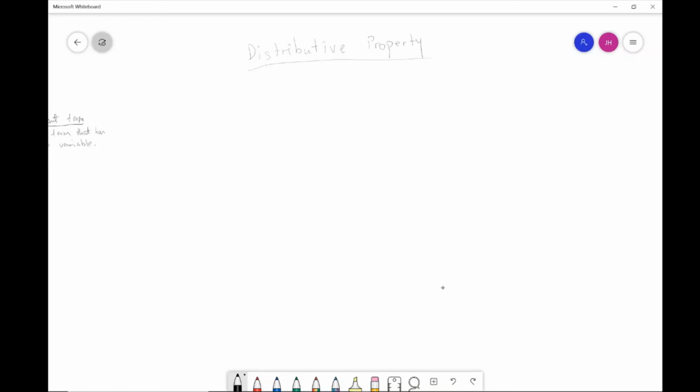So let's do some recap. Let's say I give you 2 times parentheses of 5 plus 3. Okay, let's try to do it. Well, according to PEMDAS, you should focus on the parentheses first. So then the next step should be 2 times the 5 plus 3, which is 8, which gives you what? 16.